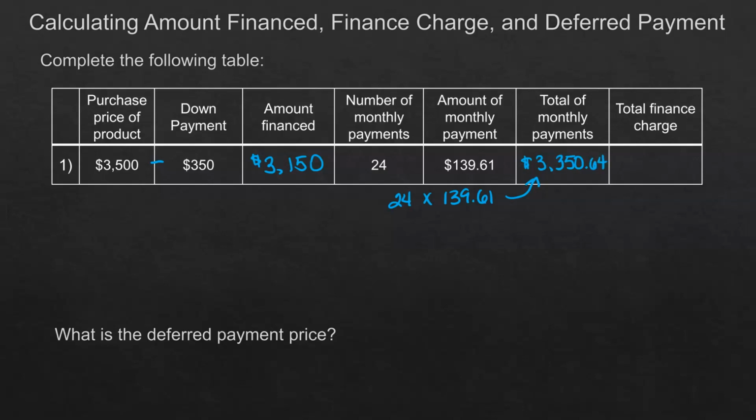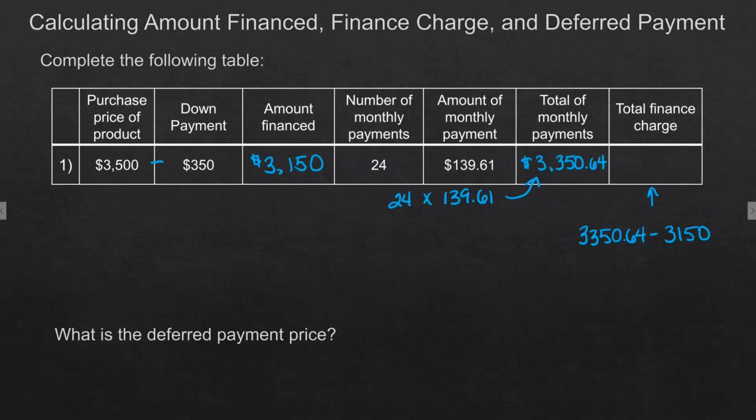And then from there, you're going to subtract then to get the total finance charge. So to get the finance charge, right, this amount, we're going to take 3,350.64 and subtract the amount we financed, and that was the 3,150, right?